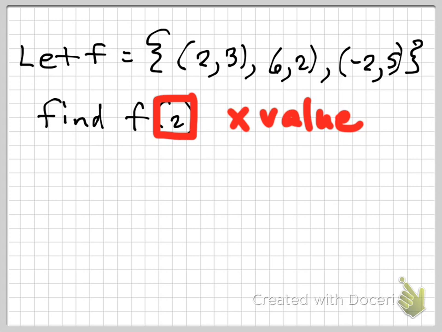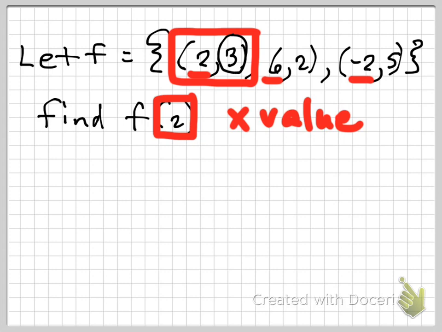Look up here at your ordered pairs, and here are your x values. Which one of those is a positive 2? It's right here, yeah? And what y value do you get from that? They already give it to you. It's a 3. So f of 2 equals 3.